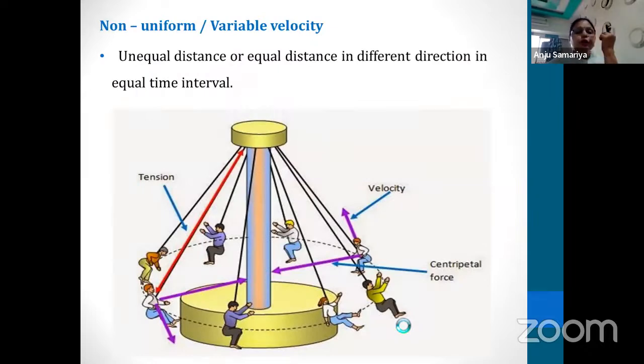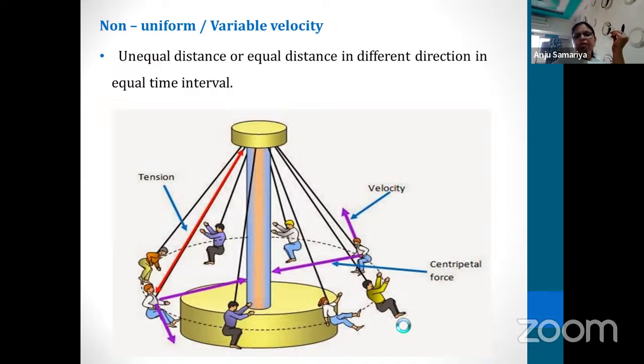Now, non-uniform or variable velocity: unequal distance in equal intervals of time, or equal distance in different directions in equal intervals of time. So either the unequal distance or equal distance in different direction.